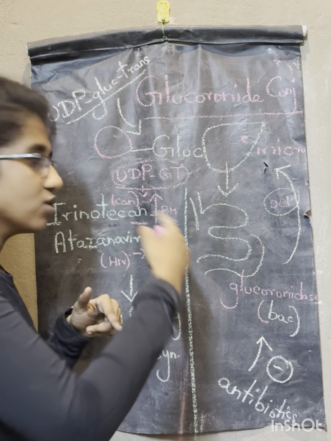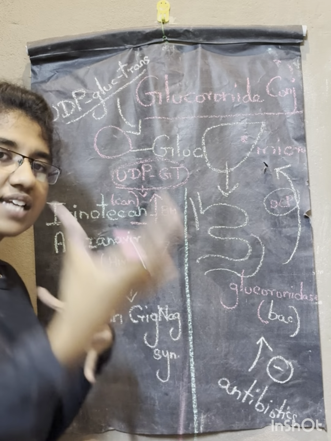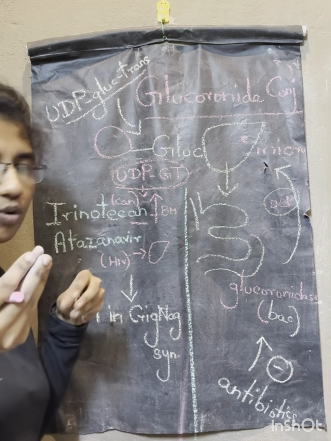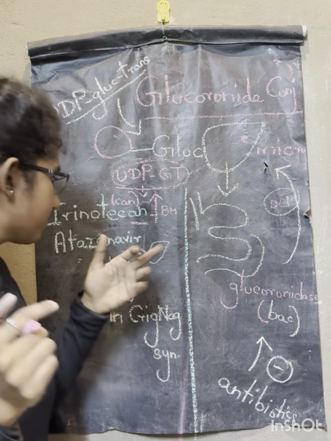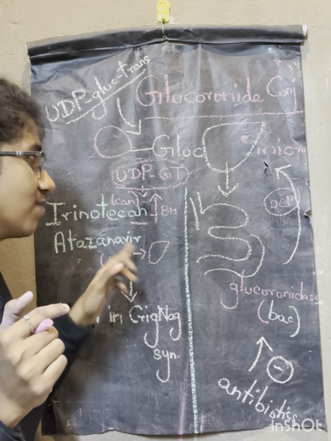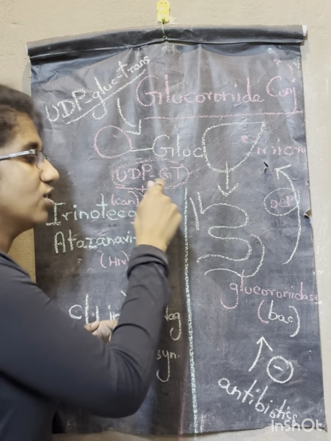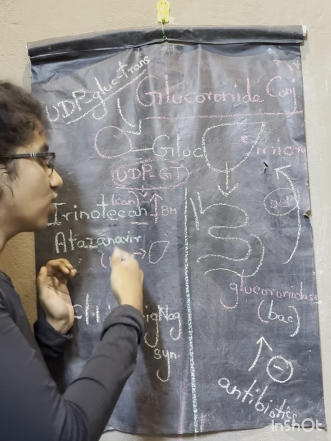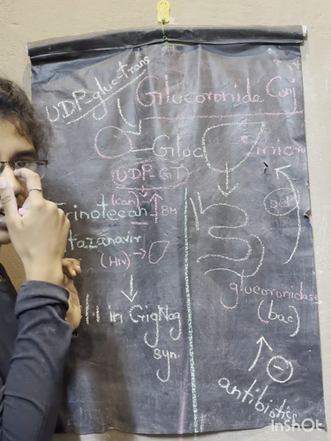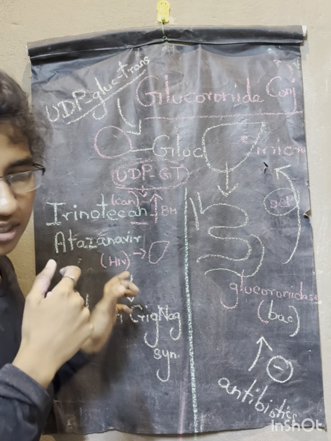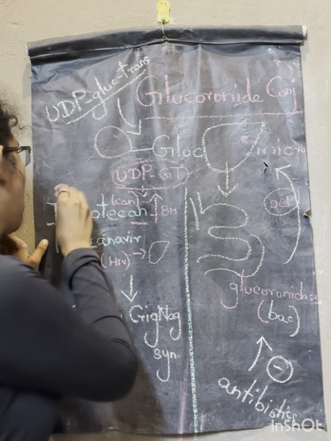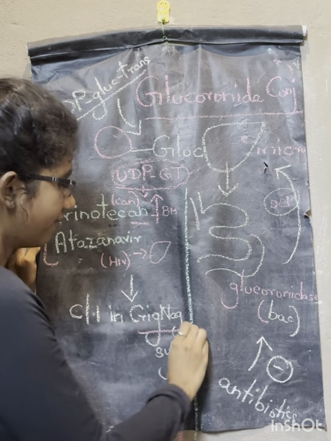So what will happen? It leads to toxicity. It will start attacking our normal bone marrow and leads to bone marrow suppression. And atazanavir is metabolized in the liver, but its toxicity will cause hepatic failure. Stevens-Johnson syndrome it causes. So both these drugs are contraindicated in case of Crigler-Najjar syndrome.